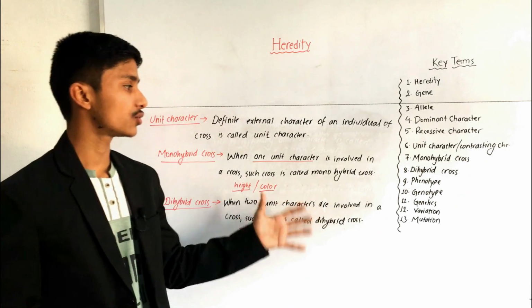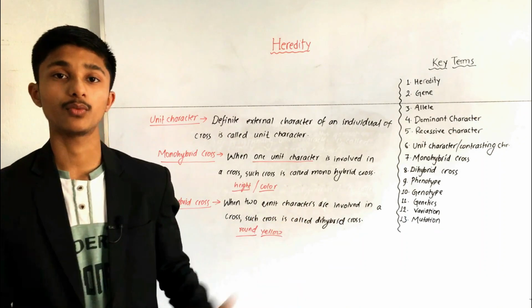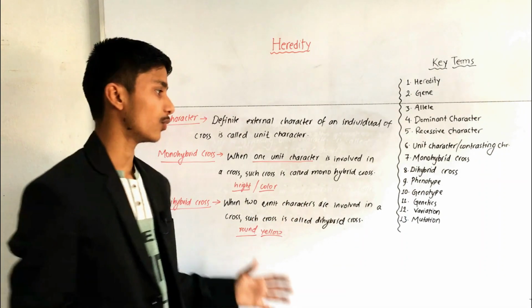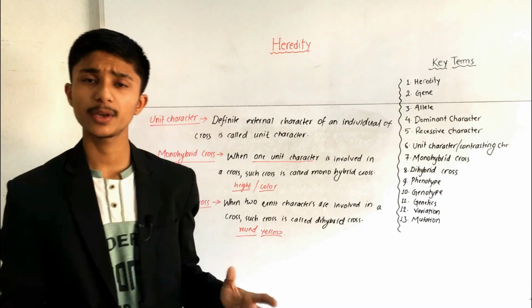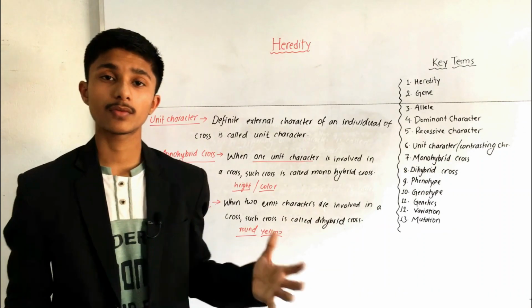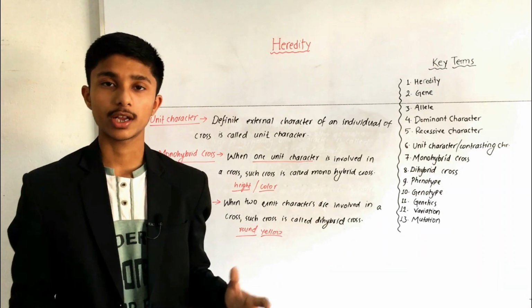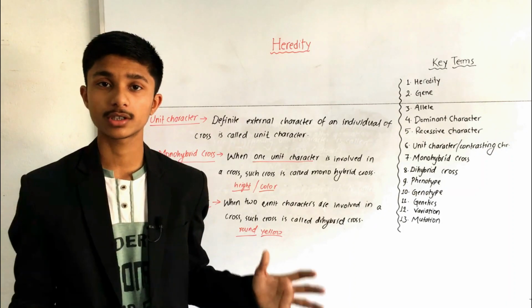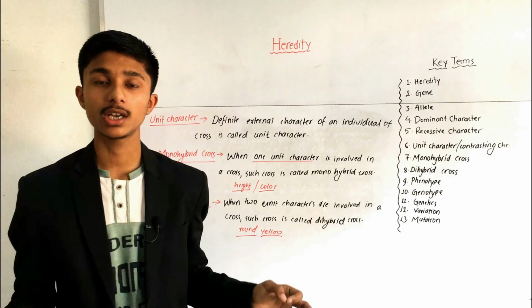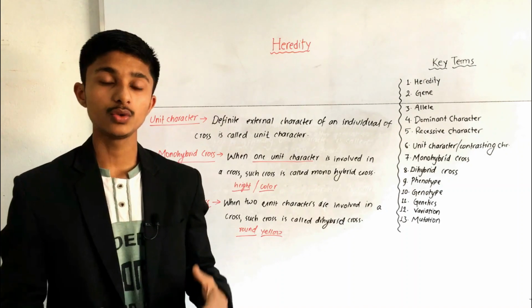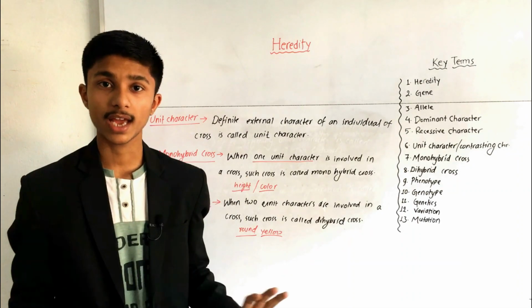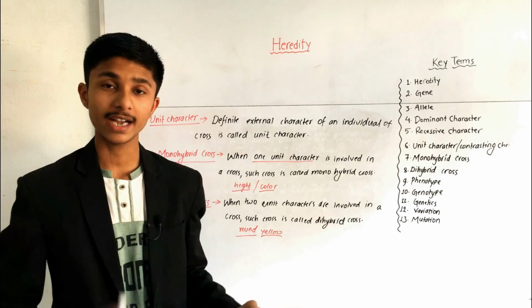Now we go to the next topic, that is phenotype. What is phenotype and what is genotype? Phenotype is the external morphological appearance of an organism. External morphological appearance means physical appearance, such as you can see me, my height you can see, the height is visible.